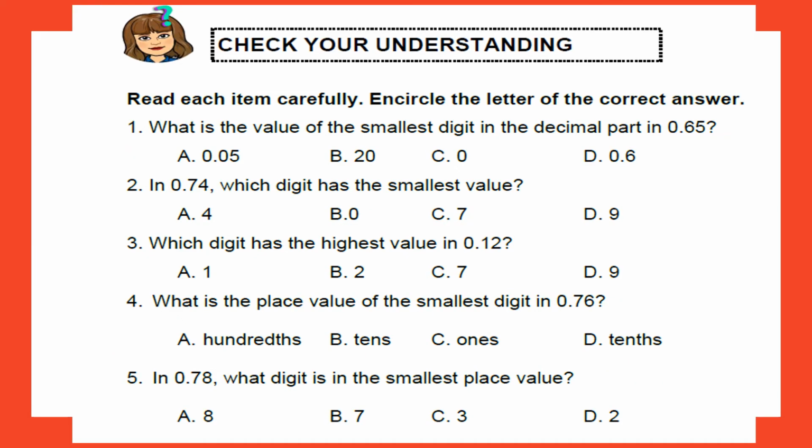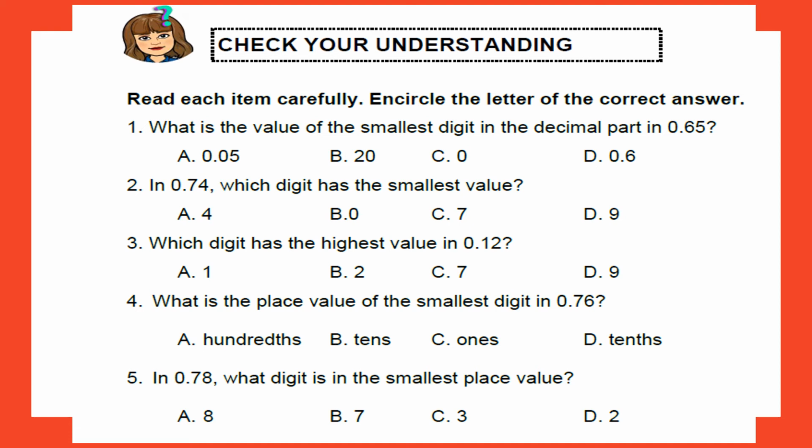Okay, class, to end up this lesson, let us check your understanding. Read each item carefully. Instead of encircling, just write the letter of the correct answer. Okay, in number 1, what is the value of the smallest digit in the decimal part in 65 hundredths?